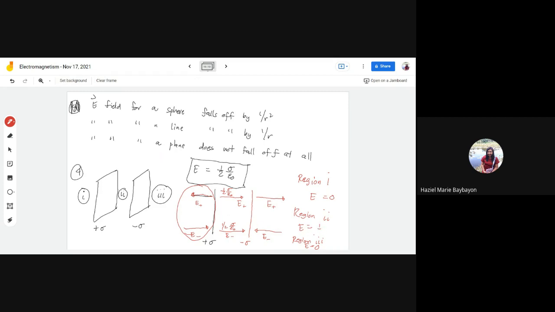Na kay 1/2 sigma over epsilon naught plus 1/2 sigma over epsilon naught. So this is equal to sigma over epsilon naught. So between the plates, the electric field is equal to sigma over epsilon naught.